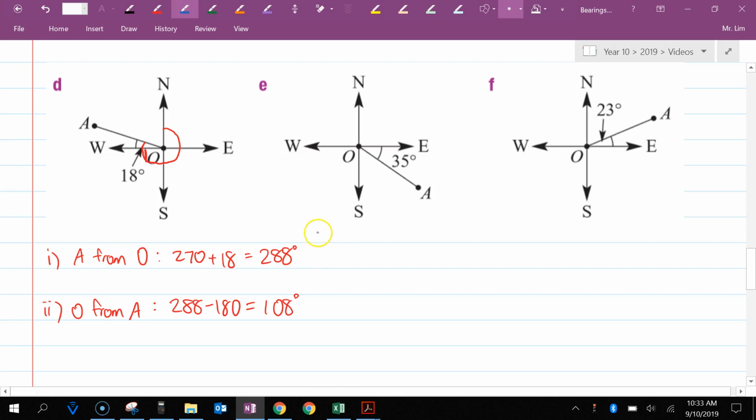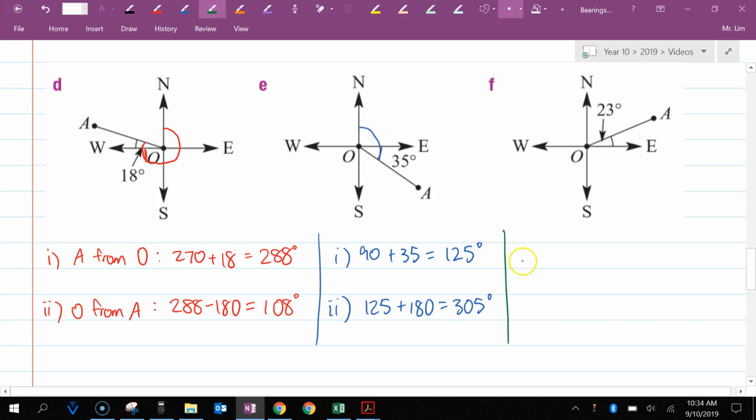Okay, part E. Part 1 is 90 plus 35, 125 degrees. So part 2, we're going to add 180 to it, which is 305 degrees.